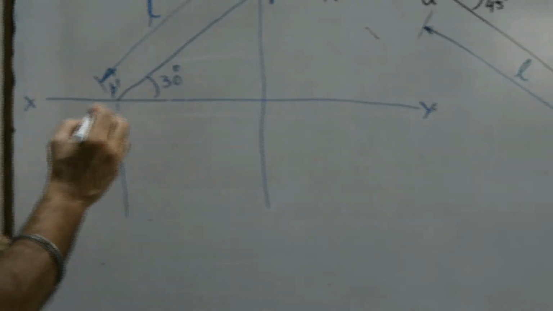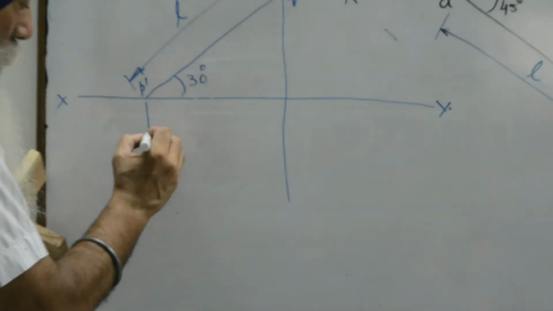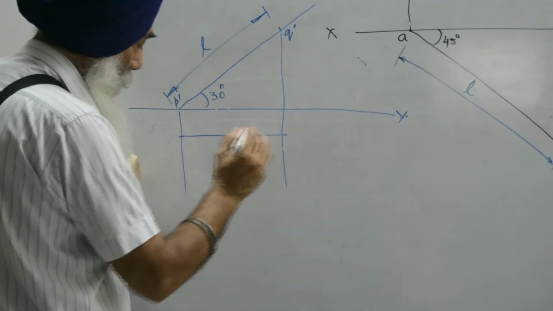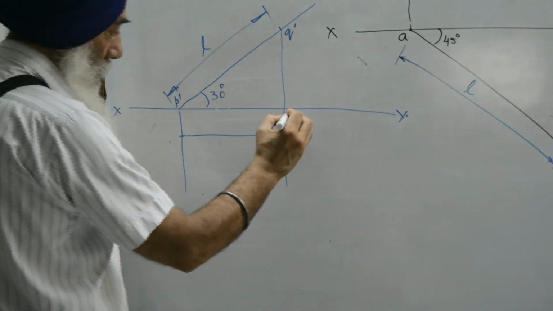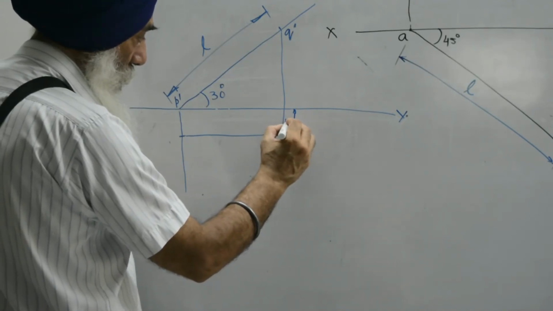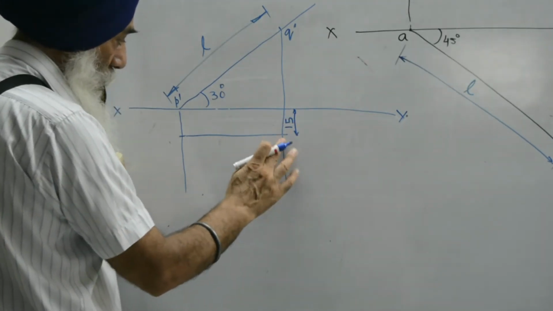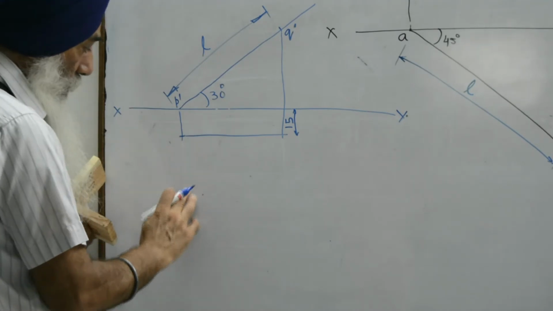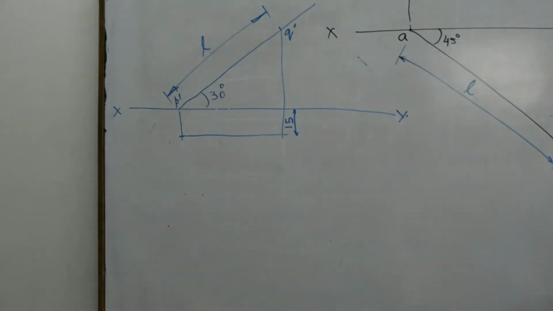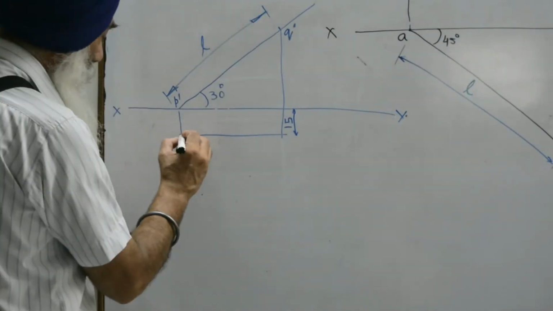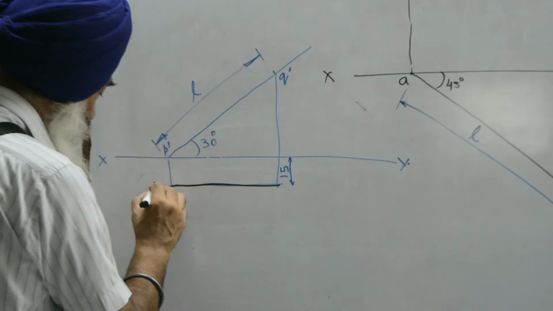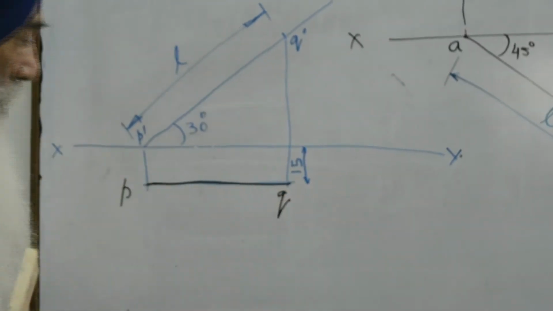Suppose this distance is about 15 millimeters in front of the vertical plane. You cut this distance as 15 millimeters, and this will be the projection of line PQ in plan. This is the line PQ in plan.